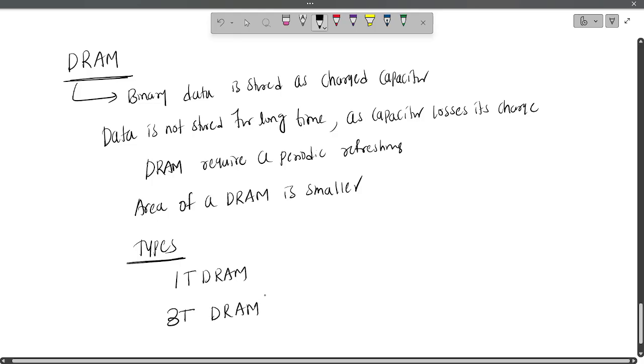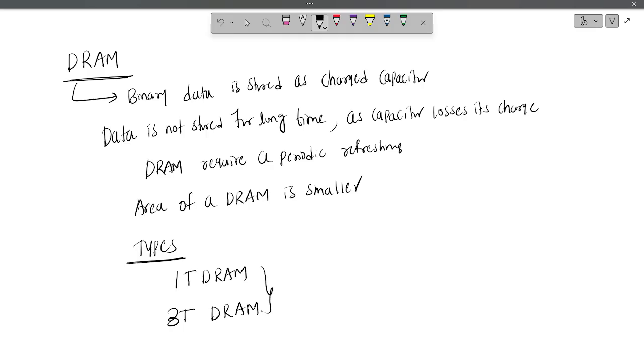So 1T DRAM will be like this. Here you have a pass transistor, and this is connected to which line? The word line.